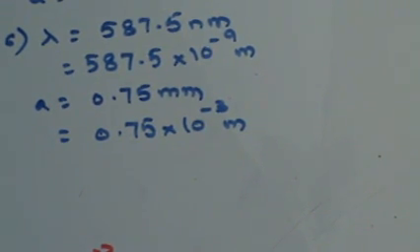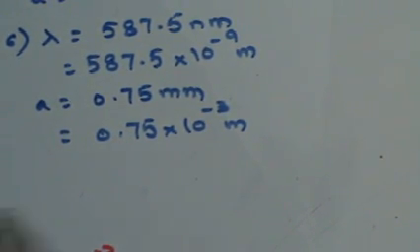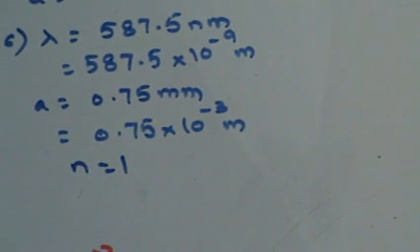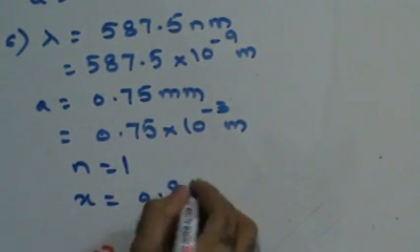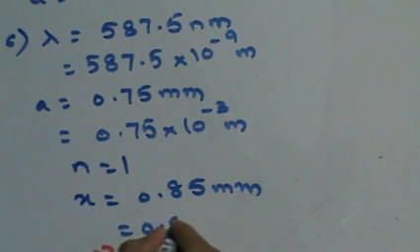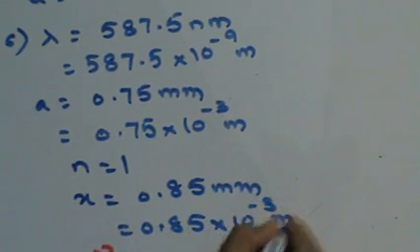At what distance from the slit should the screen be located if the first minima is to be at 0.85 millimeter from the central screen?